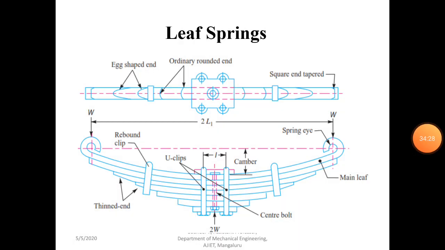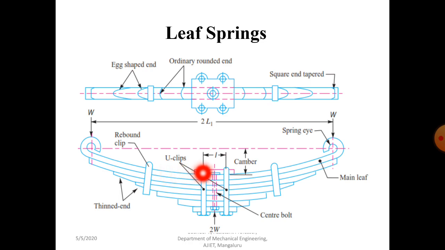All leaves are held together. You can see here all leaves are held together by means of one bolt. That bolt we call the U bolt. They mentioned U clips, that is the center bolt. So two U bolts and the center clip are used to hold everything together. All leaves are held properly. It should be very tight, so we have to use U bolts and a center clip.